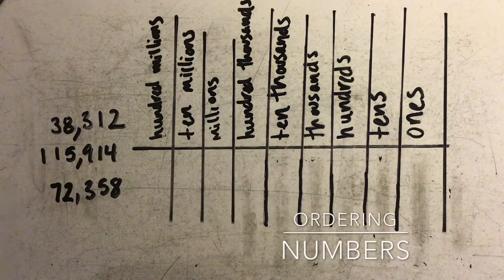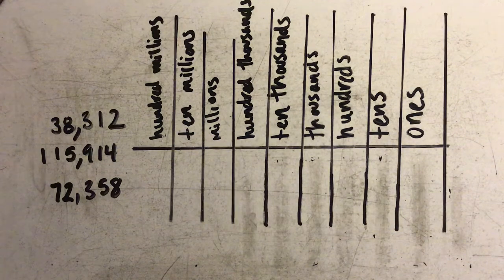Hey there. Today we're going to learn how to compare and how to order different numbers based on their place value charts. So here I have a group of numbers that the directions are either going to ask me to list from greatest to least or from least to greatest.